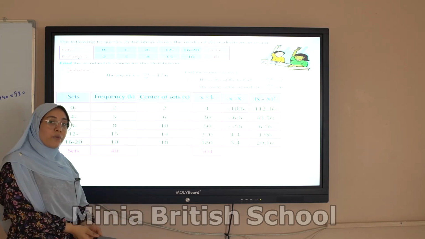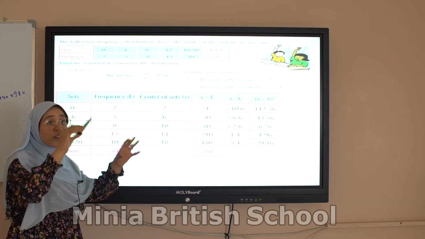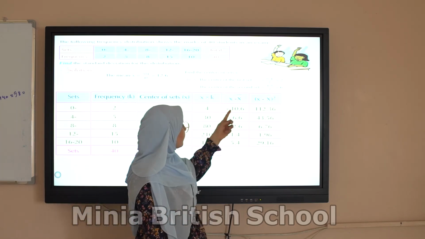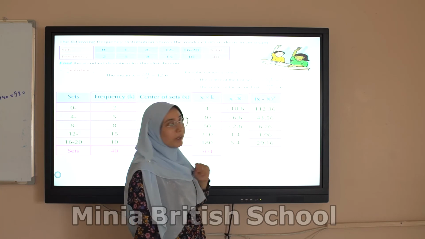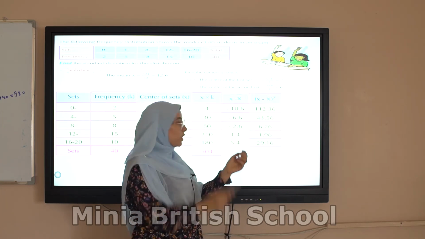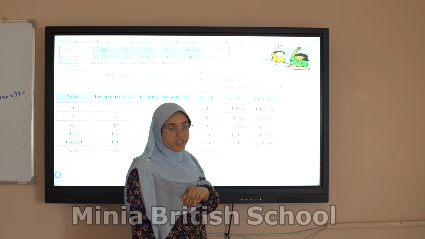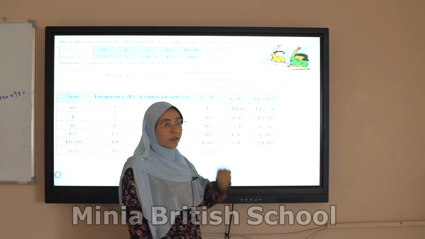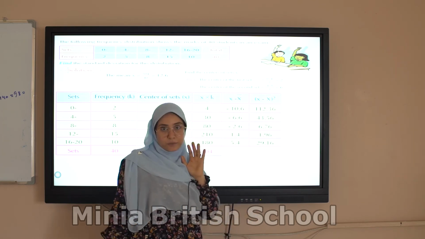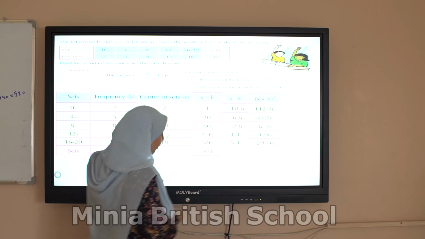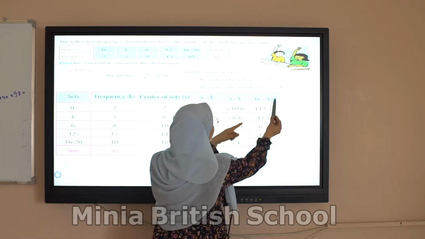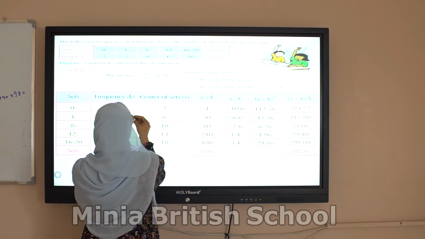Now I will need to find x minus x bar raised to power 2. Okay, 10.6 power 2 equals 112.36. 6.6 power 2 equals 43.56, and the same idea for each of the following values. Now I will find x minus x bar raised to power 2 times k.